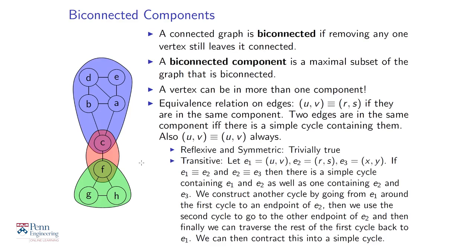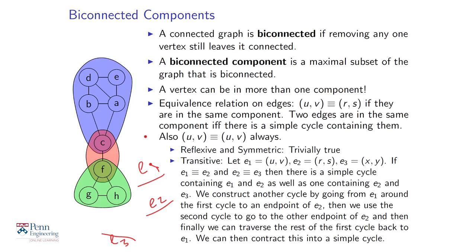Transitivity is a slightly trickier part. Supposing we have three edges, and we know that E1, which is UV, is in relation with E2, which is RS, which is in relation with E3, which is XY. So then you can work it out, but let me just draw a picture here. So here is E1, here is E2, and here is E3.